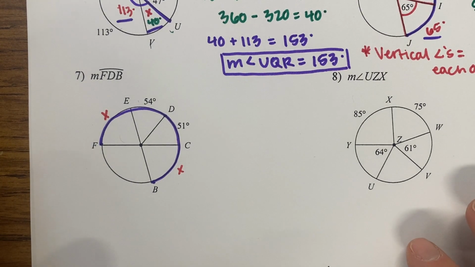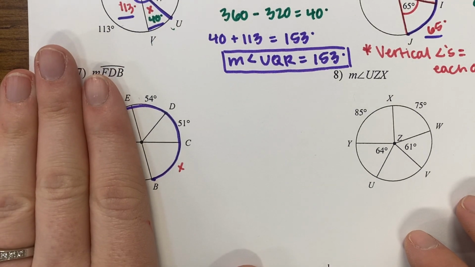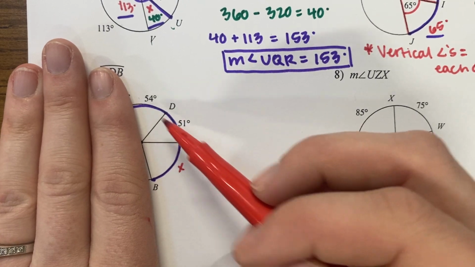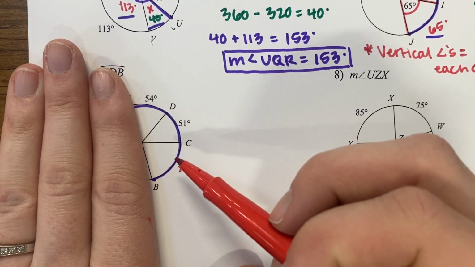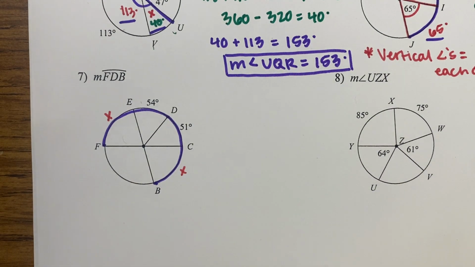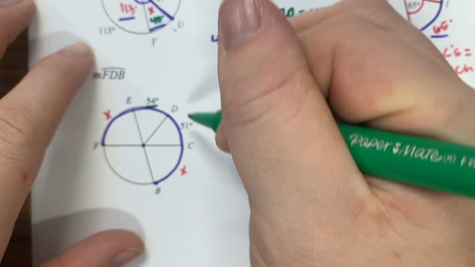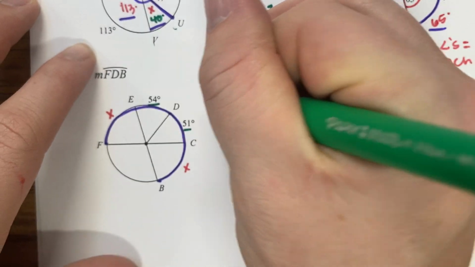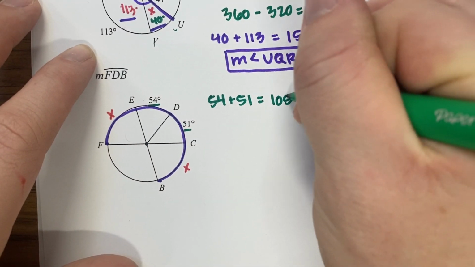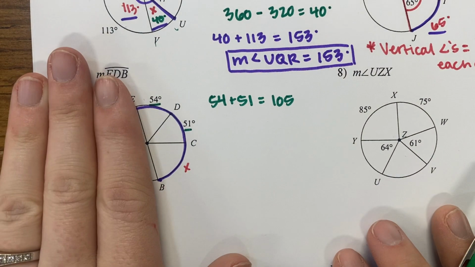Okay, well again, I'm going to split this circle in half, because if I have two pieces of this half, I can find the third. Remember, half a circle is 180 degrees. Okay, so I'm going to go ahead and add up the two angles that it gives me, 54 plus 51. And that is going to be 105. Okay, remember, we're not worrying about this piece right over here.